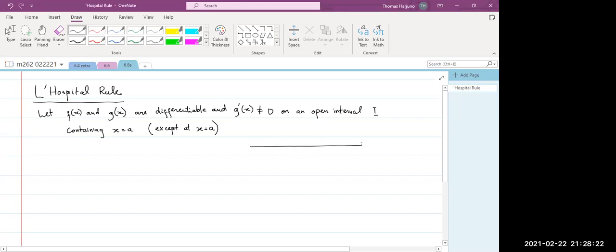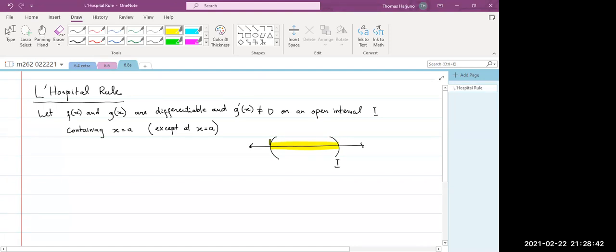Okay, so let's say this is the number line, and our interval I looks like this, an open interval I. Now, the functions f(x) and g(x) have to be differentiable on this interval.